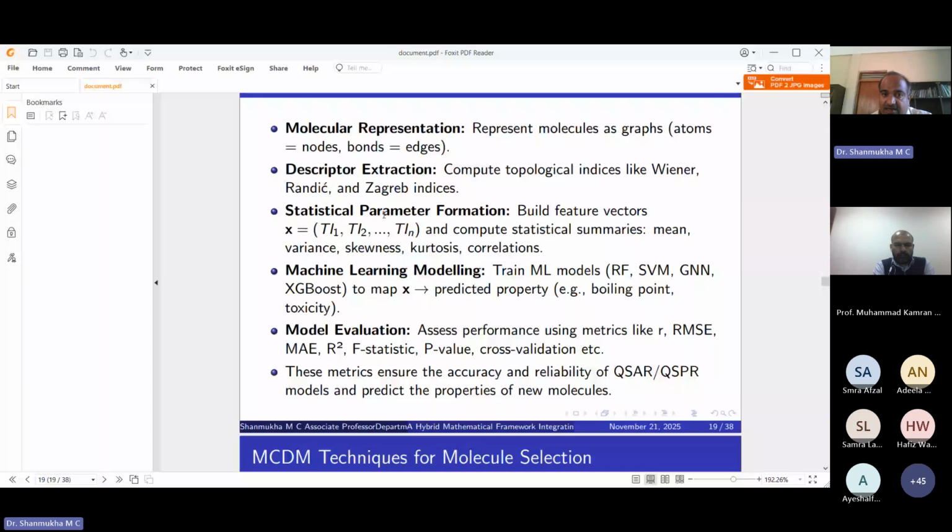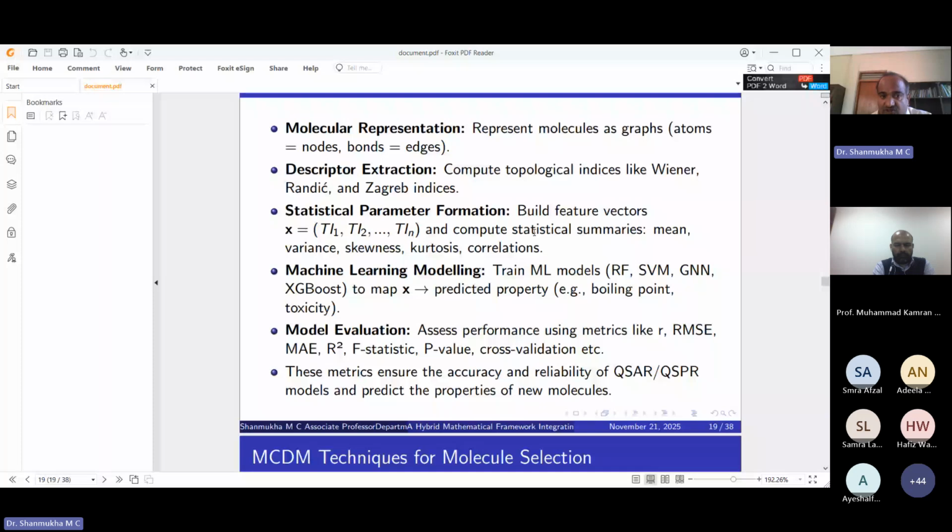Then descriptor extraction. Based on the vertices and edge partitions and the definition of topological index, first we compute the topological indices like Wiener, Randić and Zagreb indices. Then statistical parameter formation.